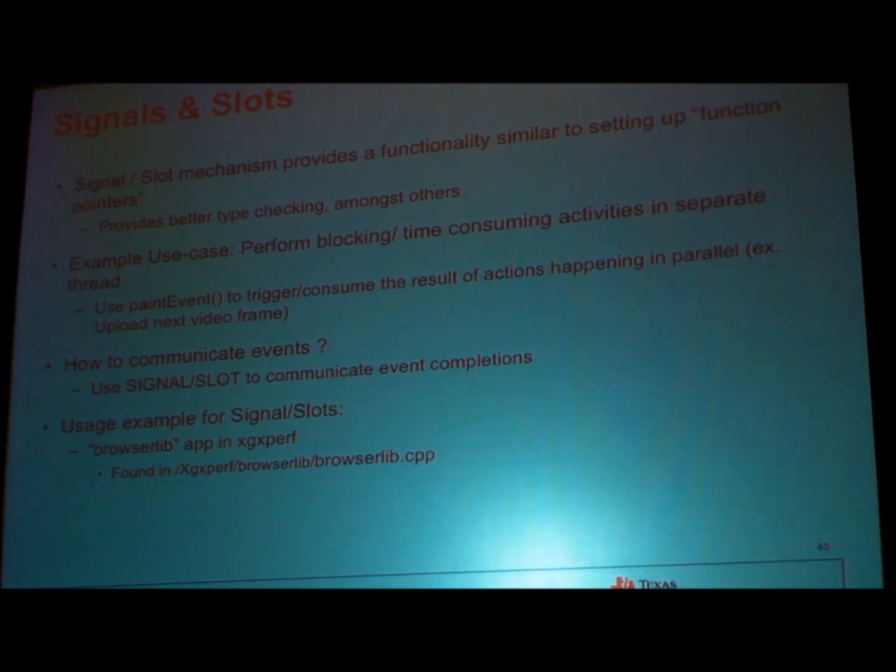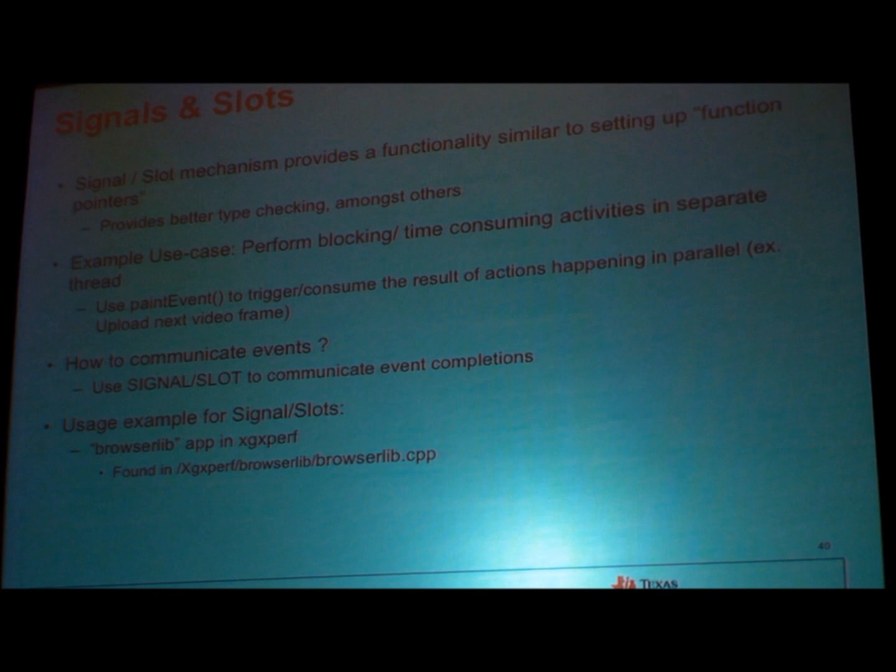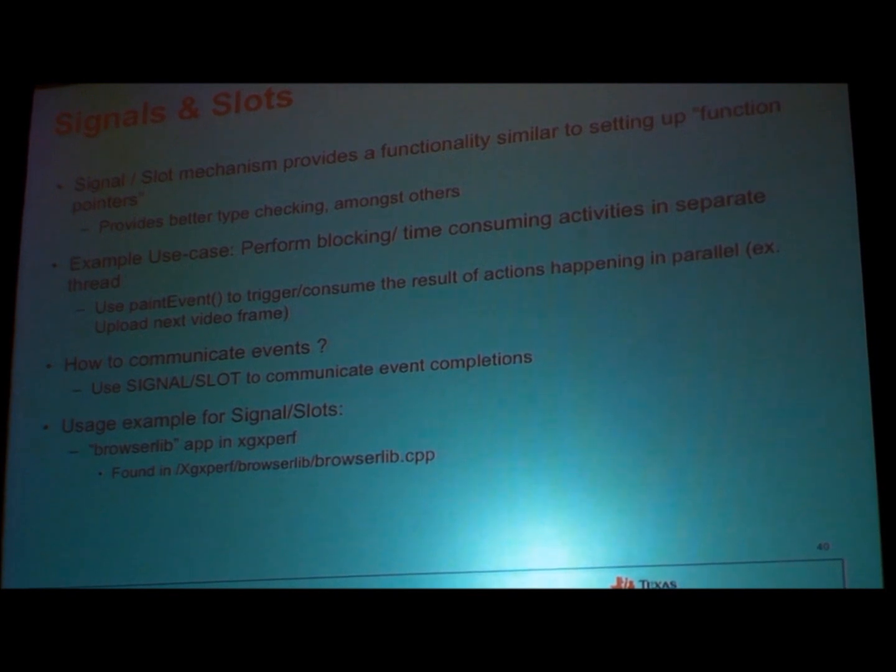For example, in the oscilloscope example we had up on the screen before, you don't want your main event loop blocked by the data you're dumping for the updates of the wave pattern on the screen. You want to still be able to asynchronously handle the event loop for the buttons.